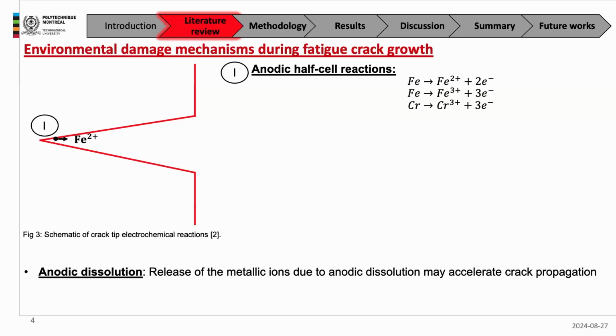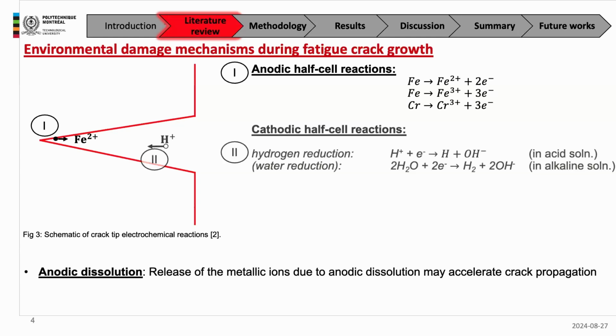At the same time, we have a counterbalancing cathodic half-cell reaction, which at the root of the crack is the hydrogen reduction reaction, also called water reduction, because at the root of the crack there is no oxygen, as it is consumed rapidly. So water reduction is the half-cell reaction that is carrying on the oxidation process.